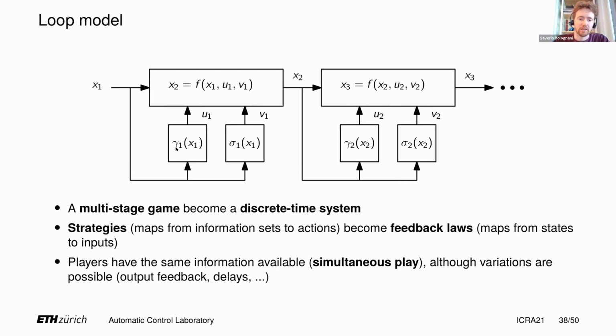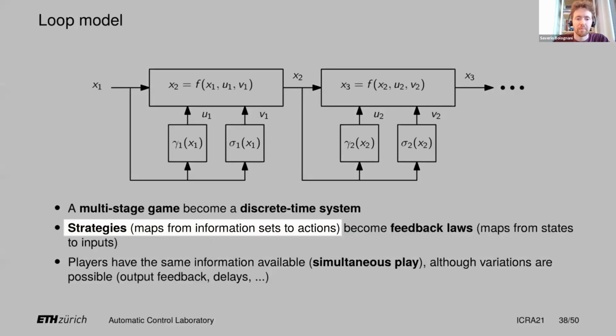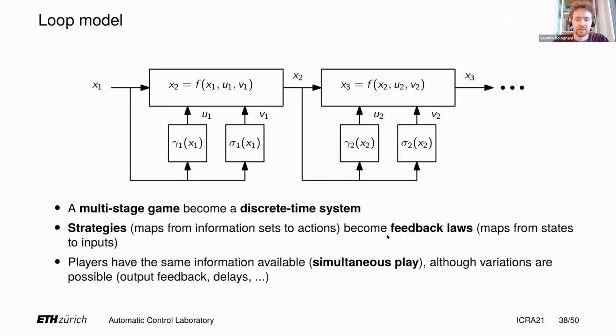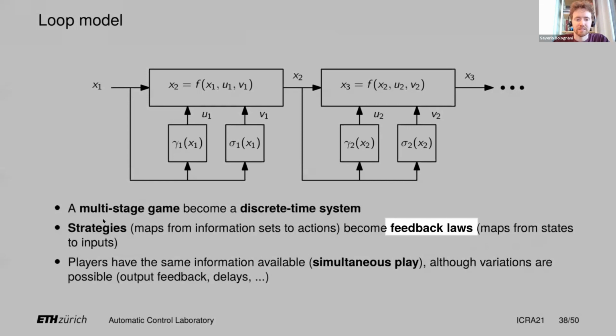And these u_1 and v_1 are functions of the state before. So a multi-stage game really looks like a discrete time system. Remember, strategies in game theory were maps from information sets to actions. That's why here they are feedback laws, maps from states to inputs.